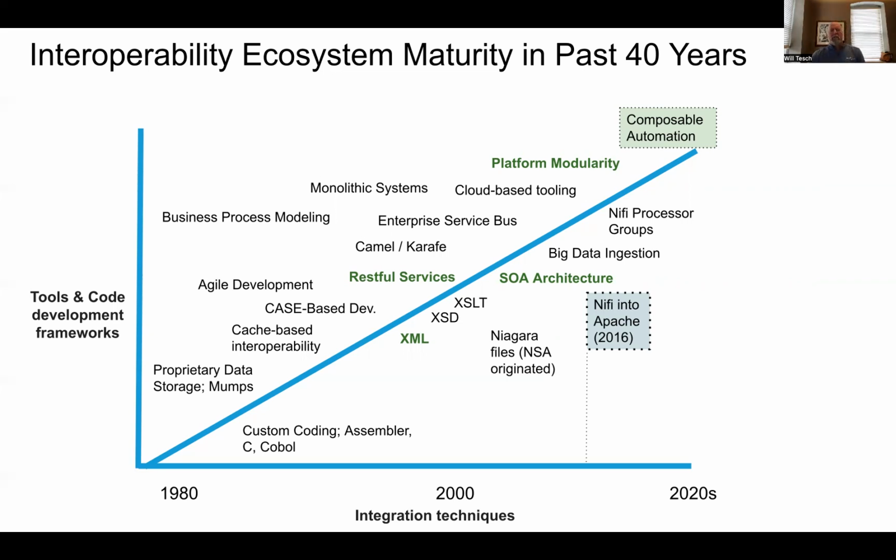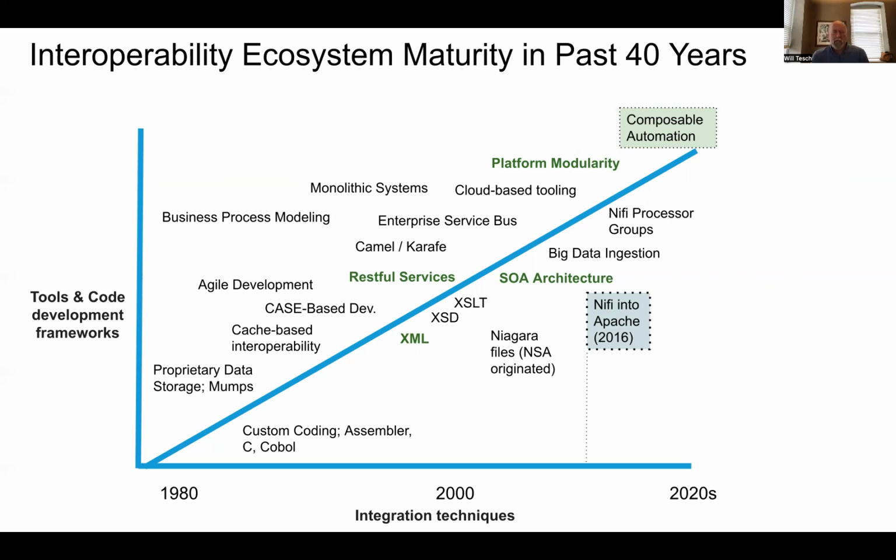We believe that in August of 2016, there was the introduction of a product to the open source community called NiFi. Those familiar with NiFi know that it's a growing ecosystem inside the open source community.